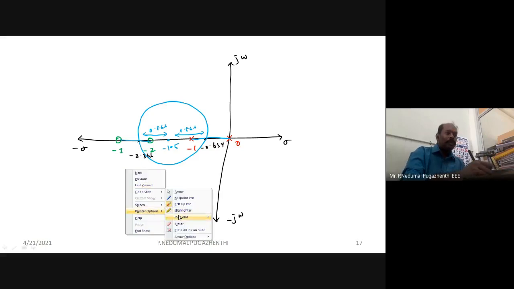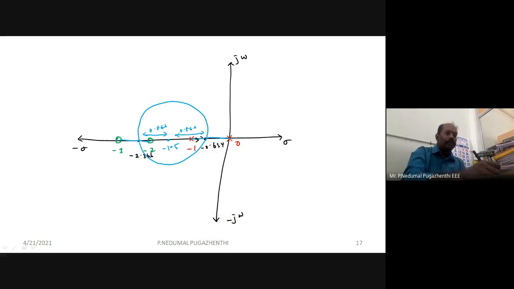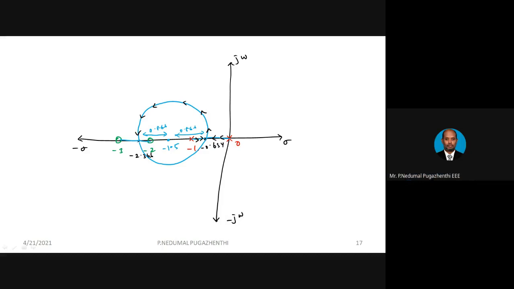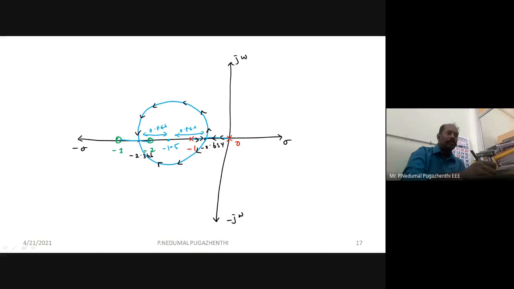So the direction of the root locus is it starts from the pole, it meets the zeros at finite values minus 2 and minus 3.